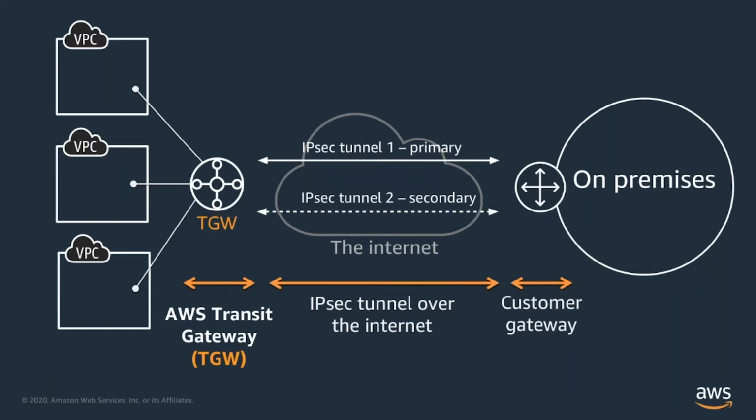This allows you to have a centralized VPN connection that is easy to manage as well. Like the VPN connection before, Transit Gateway also supports static and dynamic VPN configuration with BGP. One thing to note here is there's an extra cost involved with Transit Gateway attachments for data processing.